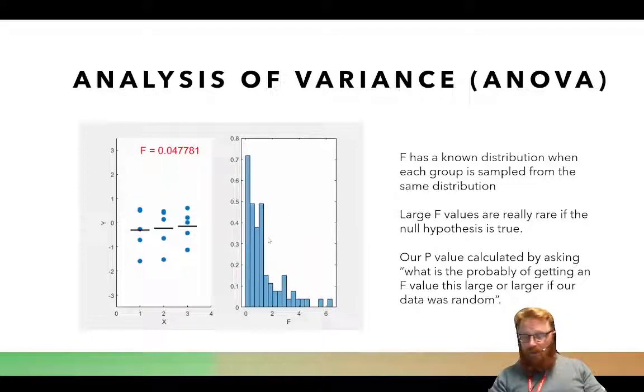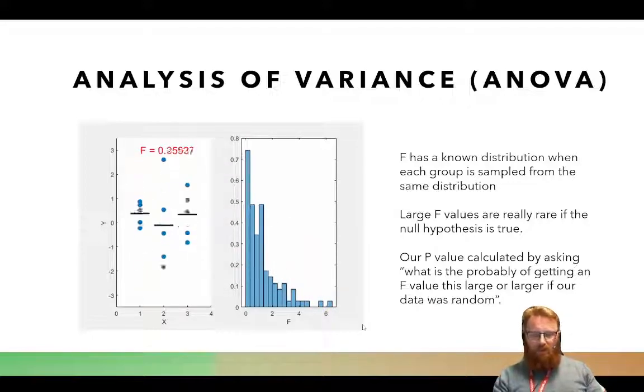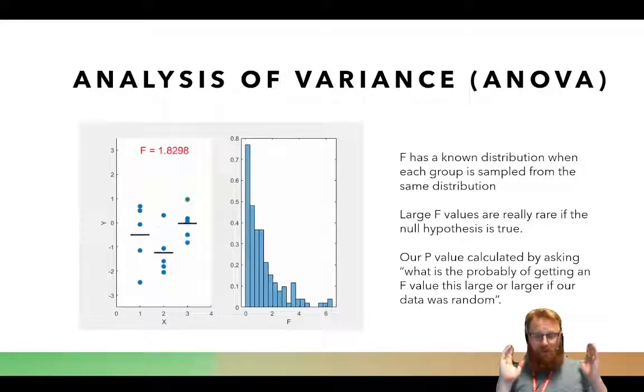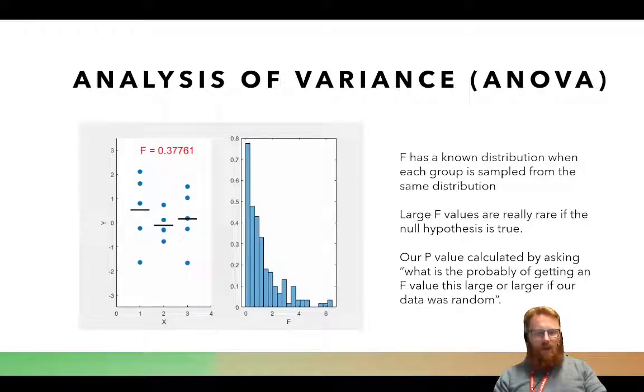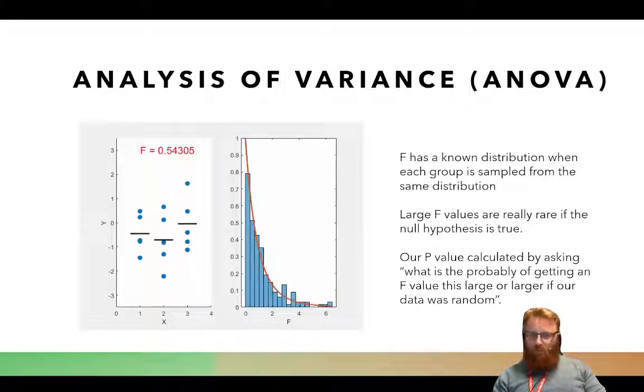In this GIF it's 200 times, but in reality, some smart people figured out that we could calculate the actual distribution of F if we repeated this an infinite number of times. And so we get the F distribution shown there. And so we ask what is the probability of getting our F value, which I think was 4 or bigger. As you can see, it's pretty unlikely to get an F value that large if there is no difference between our groups. So what this F value tells us, again, is the ratio of the explained to the unexplained.